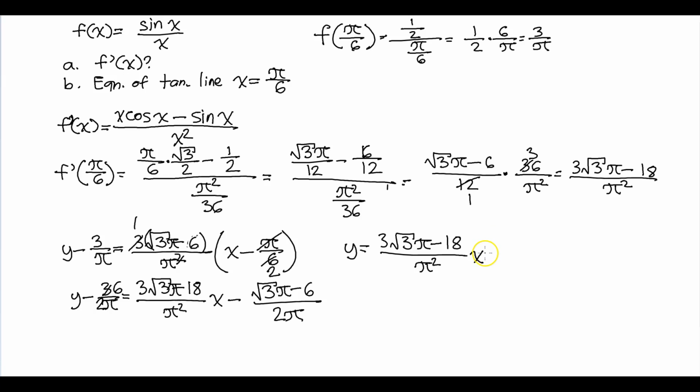So we get minus root 3 pi minus 6, so negative negative would be positive, plus 12, actually should be minus 12 over 2 pi.